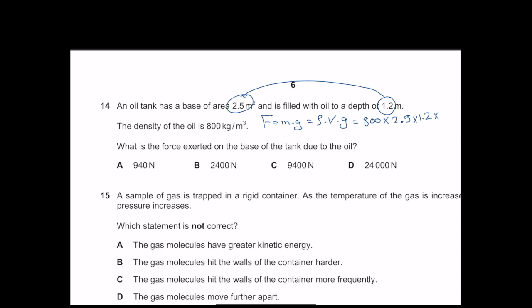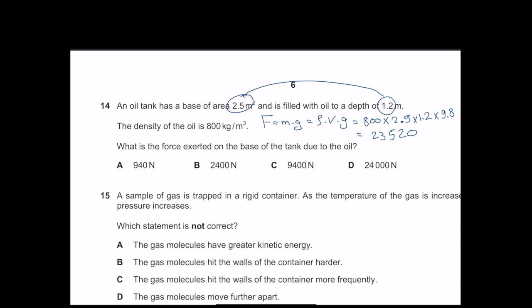Gravity acceleration, in my calculation, I'm going to use 9.8, and I will see the closest answer. So I'm going to use my calculator now to find it out. In the calculator, it's 23,520.